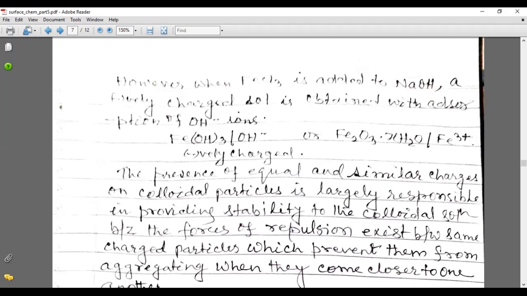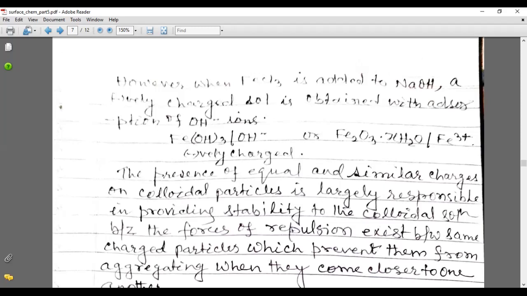So it is very clear from the diagram that there are two types of layer. The deeply seated inner layer is the fixed layer and the outer layer is the diffused layer. So the potential difference between this fixed and diffused layer is known as zeta potential.